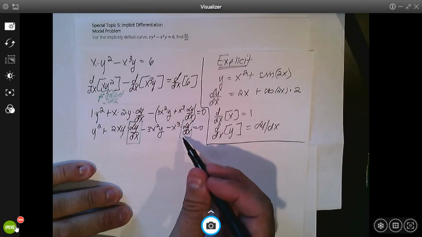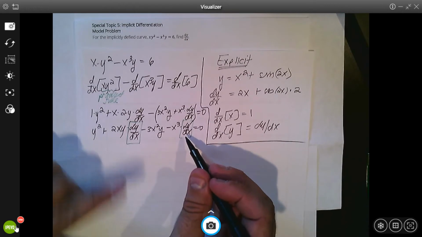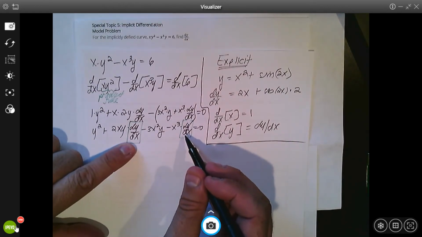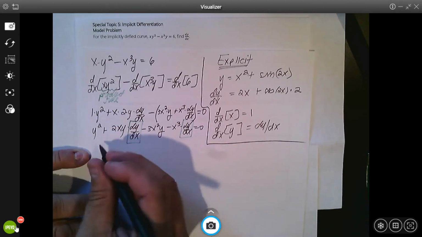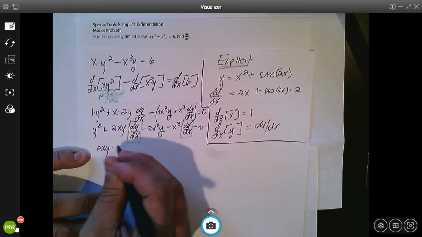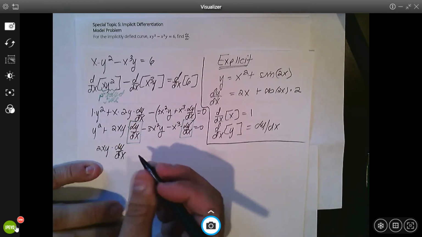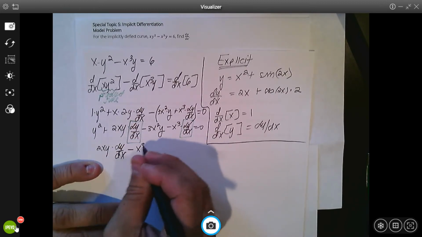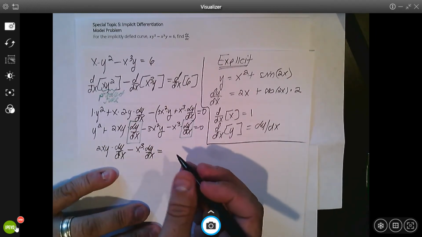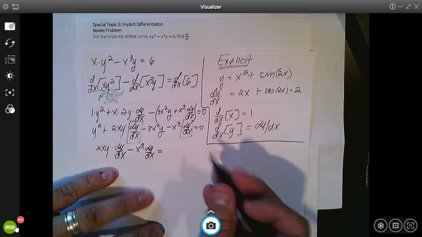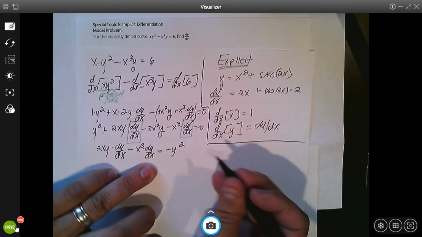The algebra says keep the terms that involve a dy dx on one side and move the terms that don't have the dy dx to the other side. Well, let's look at that. 2xy times dy dx minus x cubed times dy dx is equal to, move the y squared to the other side, now it becomes a negative.